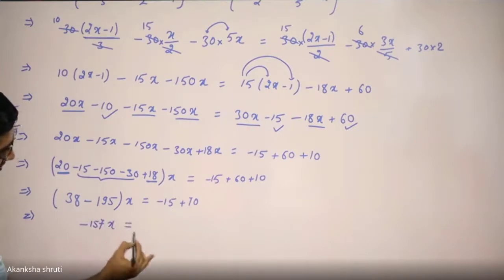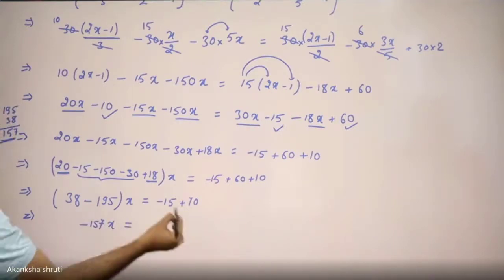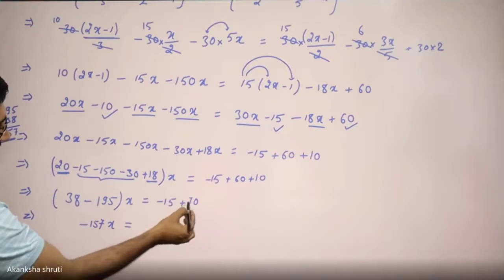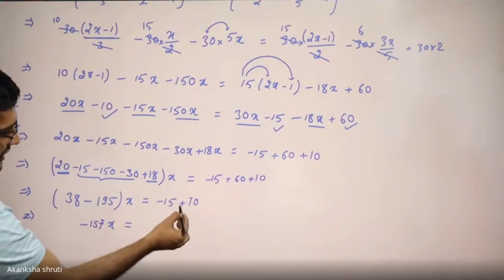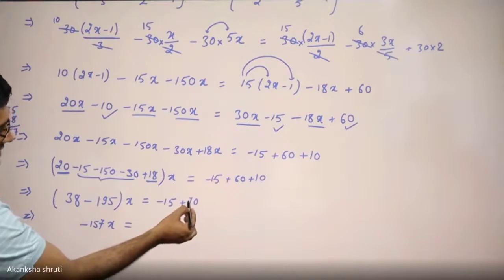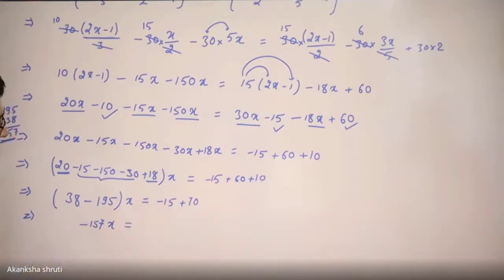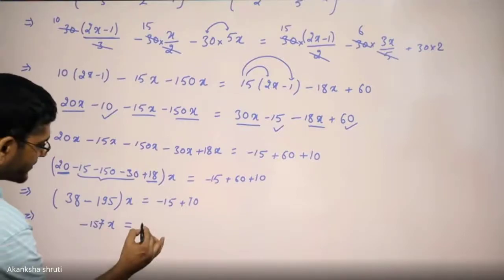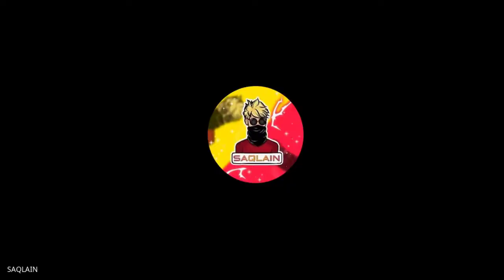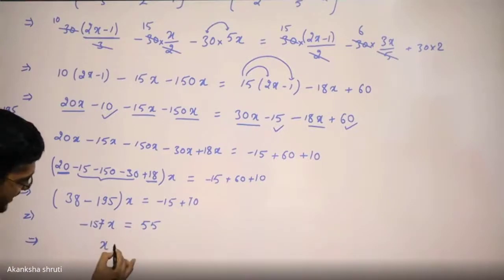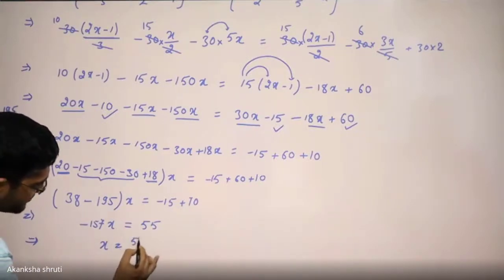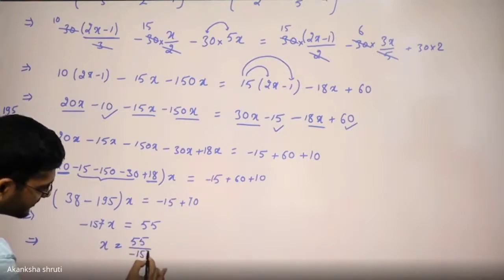x is equals to, in right hand side, again the opposite signs plus and minus, they will get subtracted, but the bigger sign is the plus, so it will remain positive. Just subtracting 70 minus of 15 is our 55. So this way the x that we are obtaining here is 55 divided by minus of 157.